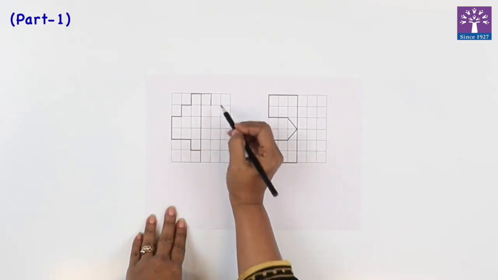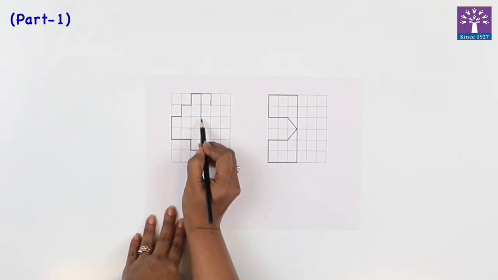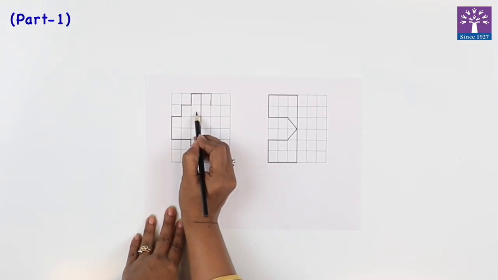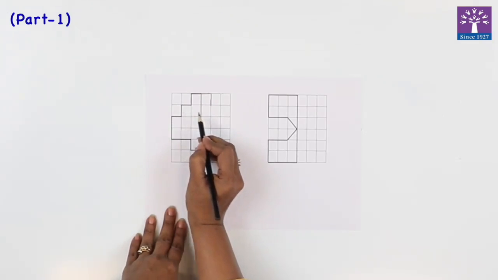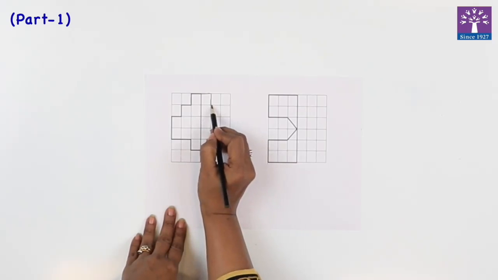So after the standing line, again on the left hand side, can you see that there is a horizontal line? But here from the center line or the mirror line, you have to count two boxes, 1, 2, and then draw a sleeping line. So let's count on the right hand side, 1, 2, and then we draw a sleeping line.